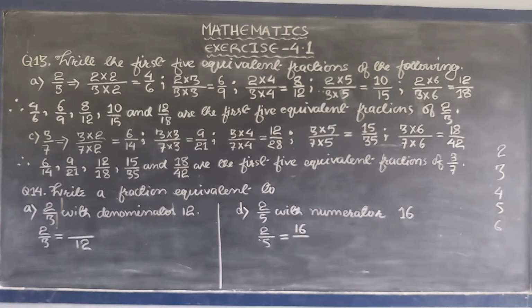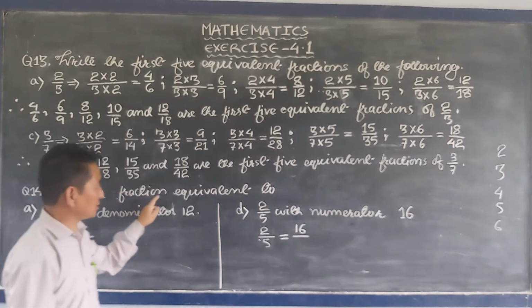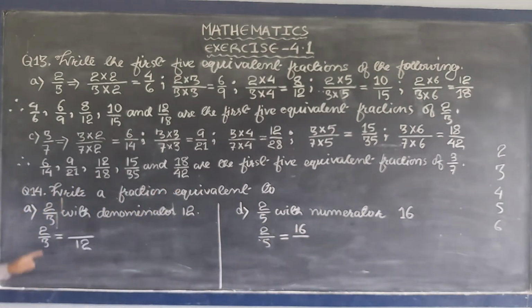Now question number 14. Write a fraction equivalent to 2 by 3 with denominator 12. As I already explained, the number which is lower in the fraction is known as denominator.